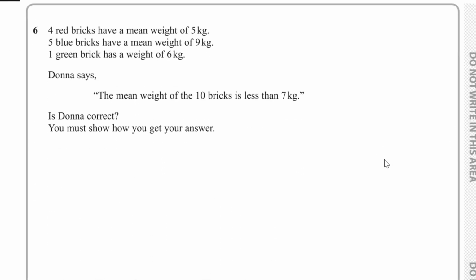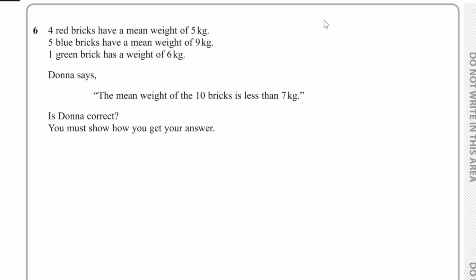Question 6. 4 red bricks have a mean weight of 5 kilograms, 5 blue bricks have a mean weight of 9 kilograms, and 1 green brick has a weight of 6 kilograms. Donna says the mean weight of the 10 bricks is less than 7 kilograms. Is Donna correct? You must show how you get your answer.